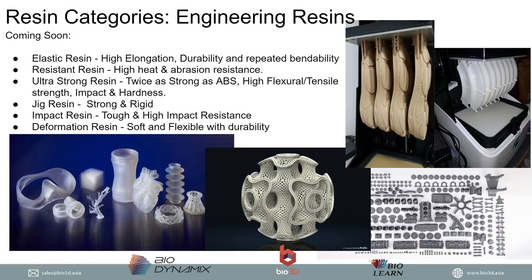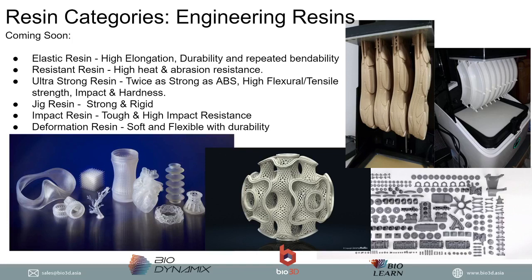Then the next resin that we have coming online is the jig resin. The jig resin is going to be a strong and rigid resin. So it is ultra resistant to deformation. So it is ideal for the manufacturing industry, for prototyping as well, if you need that strong rigidness for your prototype part.